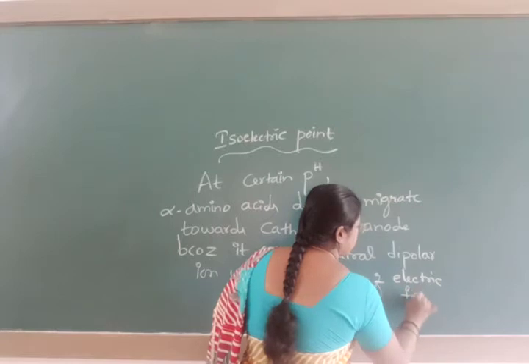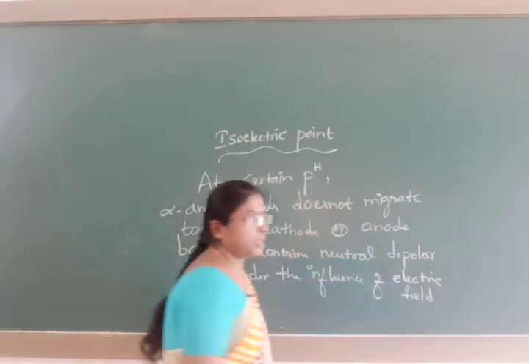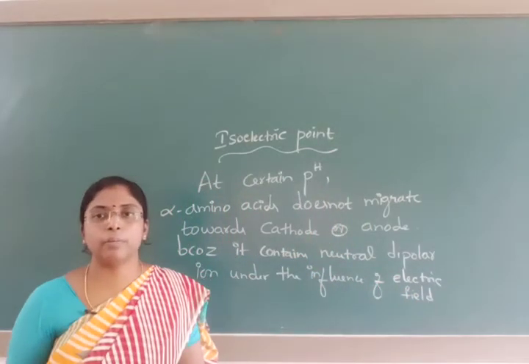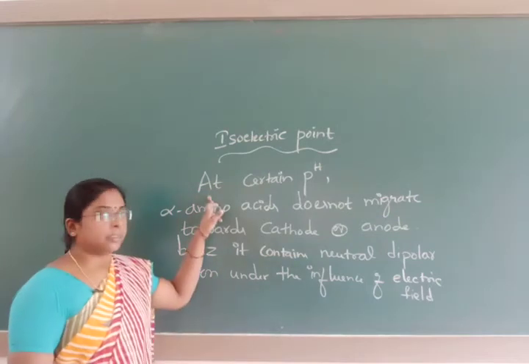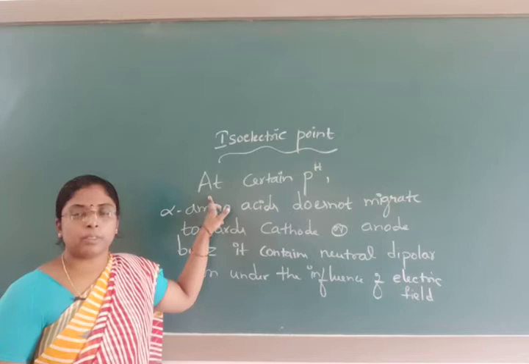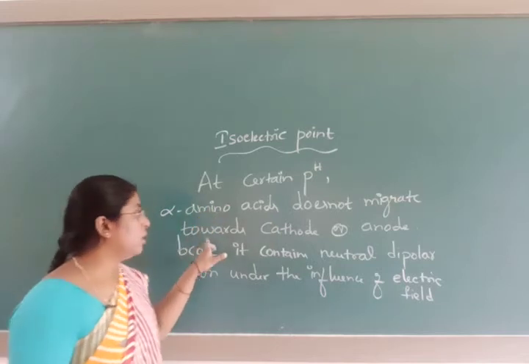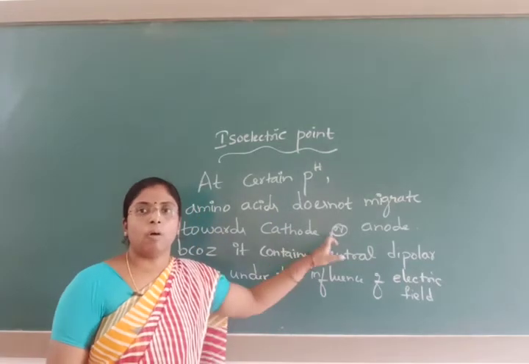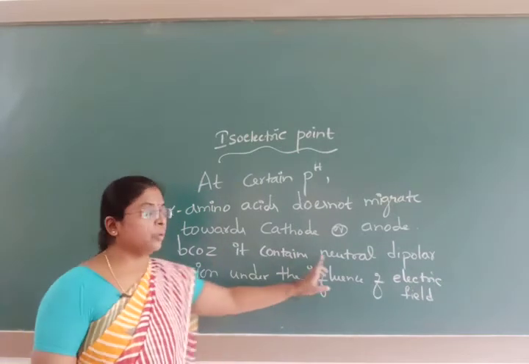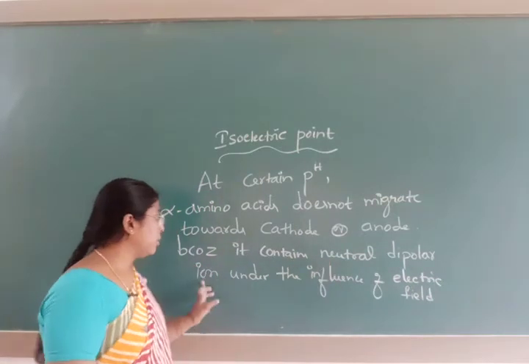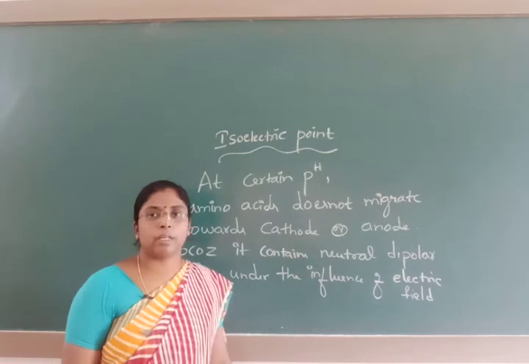This is the definition of isoelectric point. You get a 1 mark question, define isoelectric point. At a certain pH, alpha amino acid does not migrate towards cathode or anode because it contains a neutral dipolar ion under the influence of an electric field.